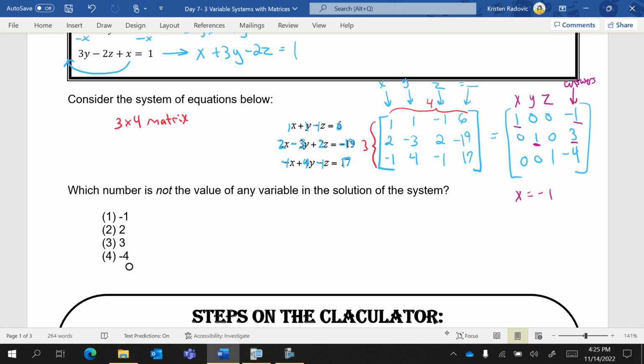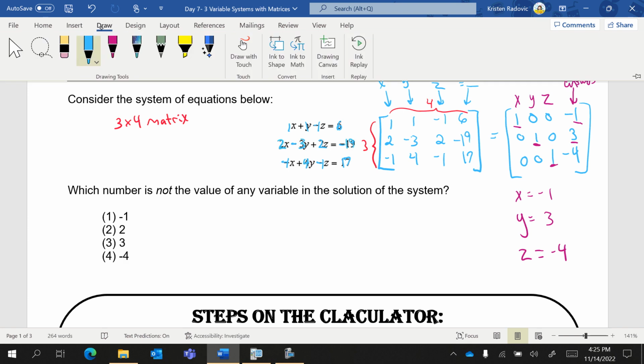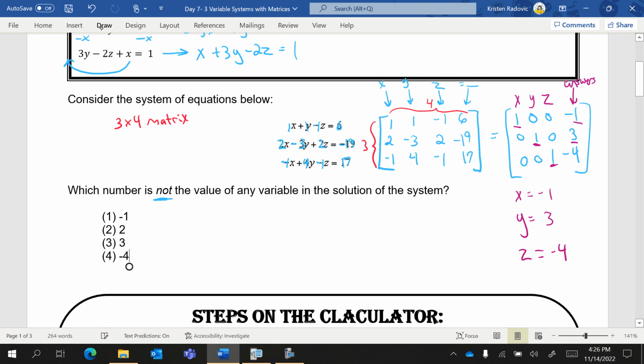This 1 is in the Y column, so Y is equal to 3. This is in the Z column, so Z is equal to negative 4. Now the question is asking, which answer is not a value of a variable in the solution? Well, we had 1, negative 3, and 4. 2 was not one of those numbers.